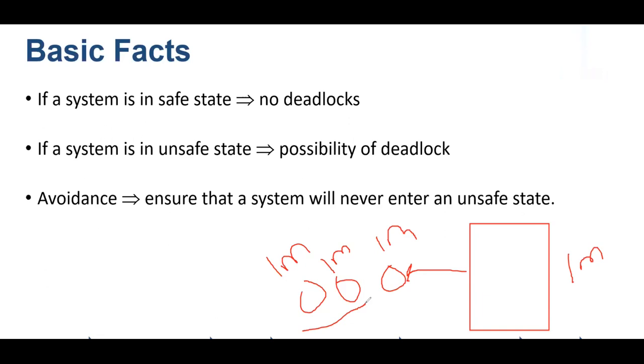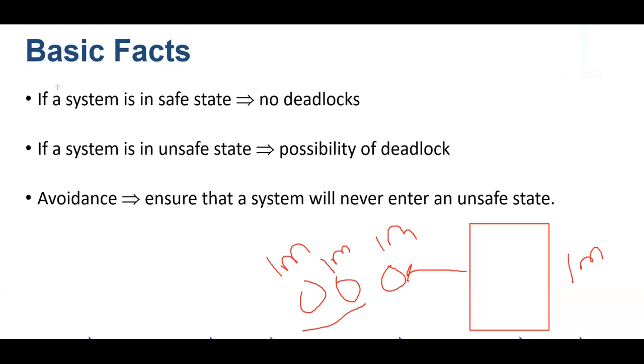Because maybe another customer will come and deposit some amount, but it's only maybe, okay? Otherwise, right now the bank is in an unsafe state. So dear students, whenever the system doesn't have a sufficient amount of resources, it will be in the unsafe state and there is a possibility of deadlock.